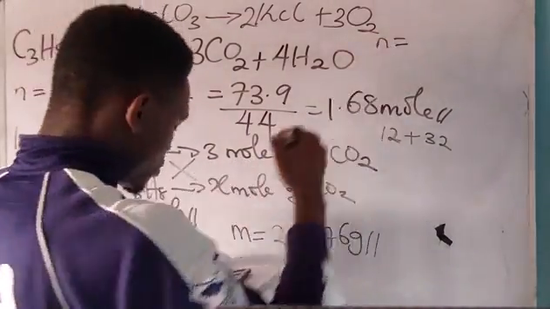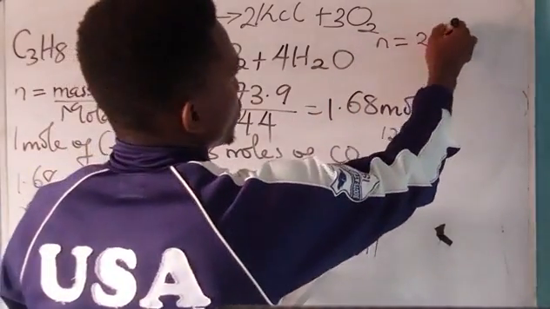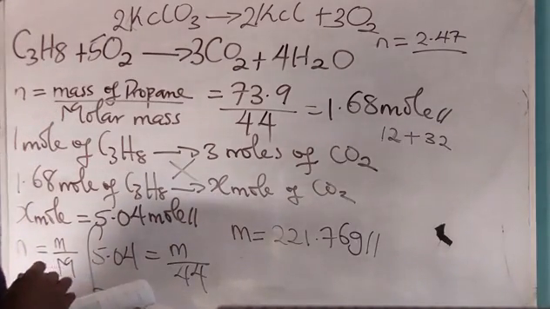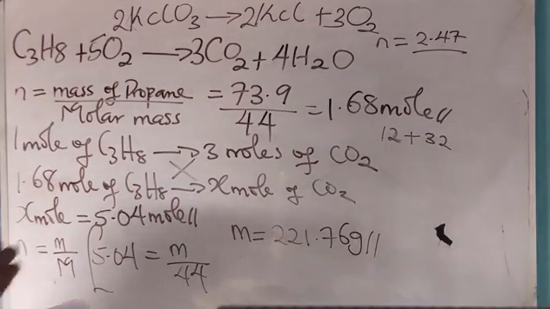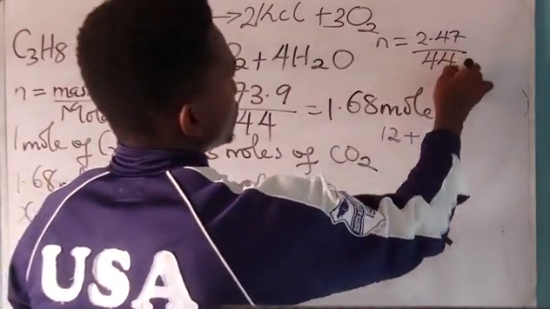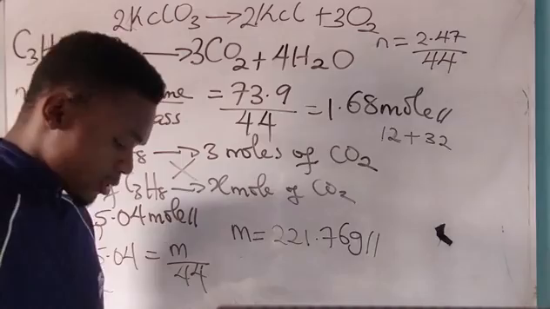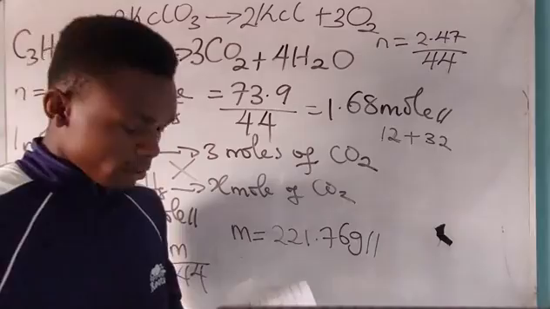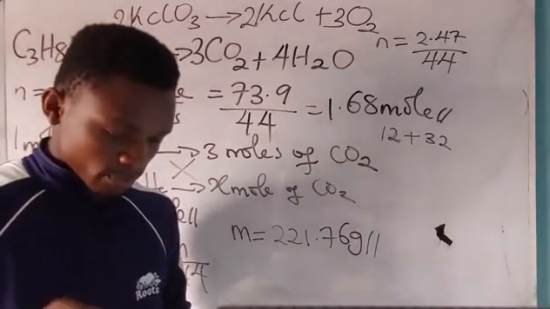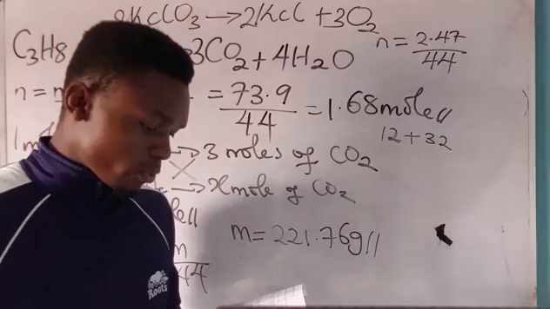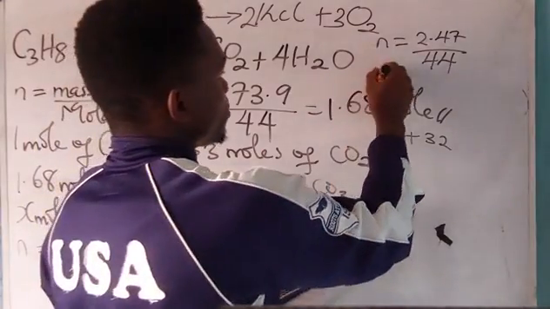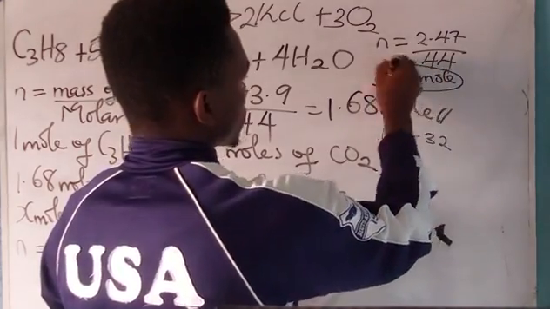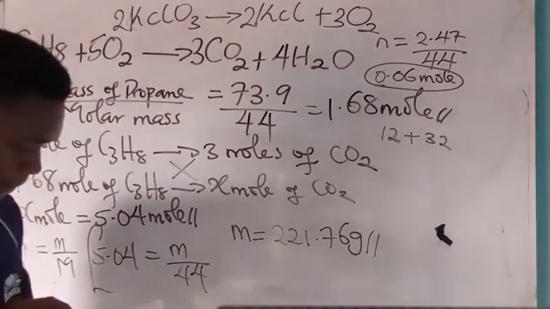Number of moles is equal to mass of propane, 2.47, over the molar mass of propane as gotten before, 44. So divide. You have 2.47 divided by 44 equals 0.06 mole, approximately.